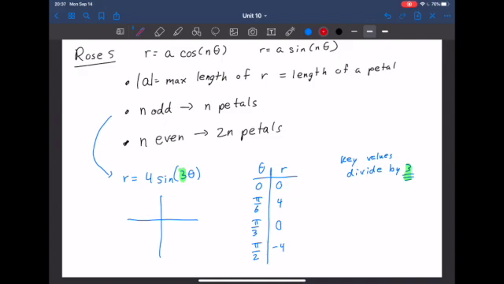So what are we talking about? 0, 0. Along the angle of pi over 6, I'm trying to go 1, 2, 3, 4. Okay, some distance along there. Along the angle of pi over 3, back to 0.